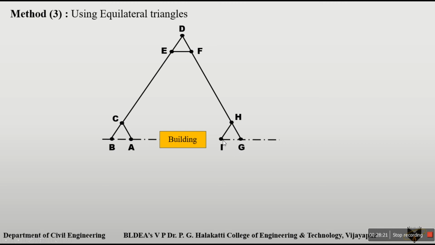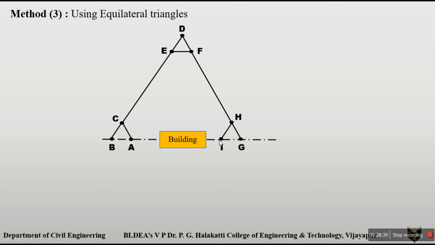Now extending these two lines, that is IG, the chain line will be along this. Then we have to find out the distance of AI.